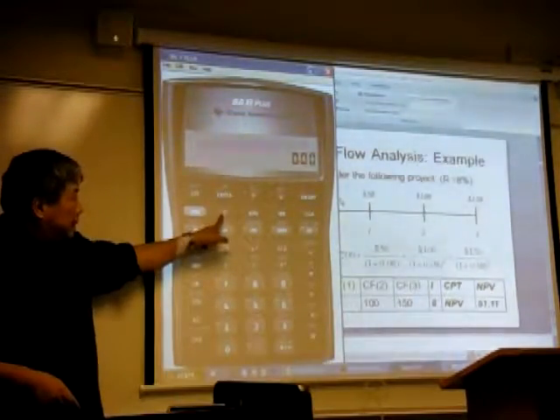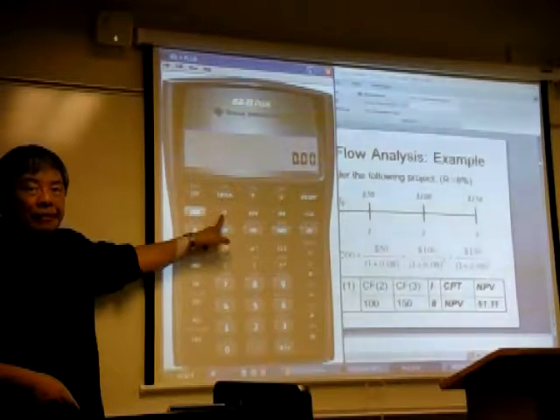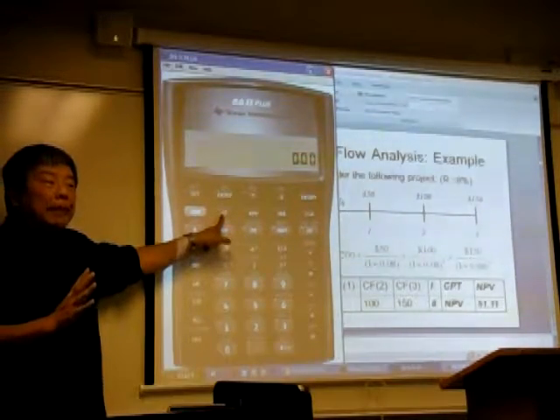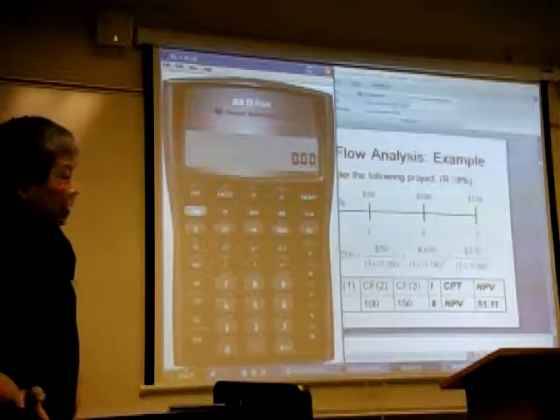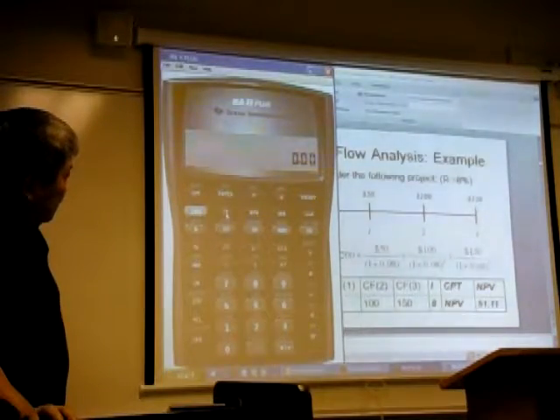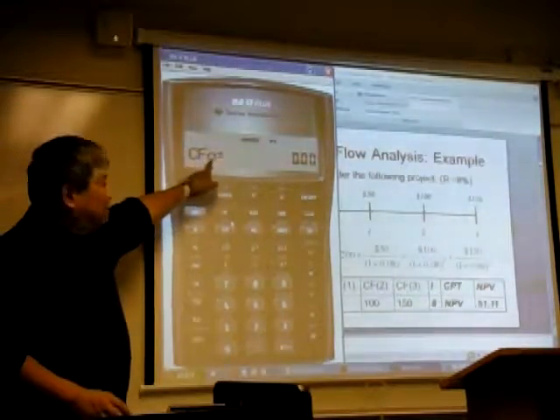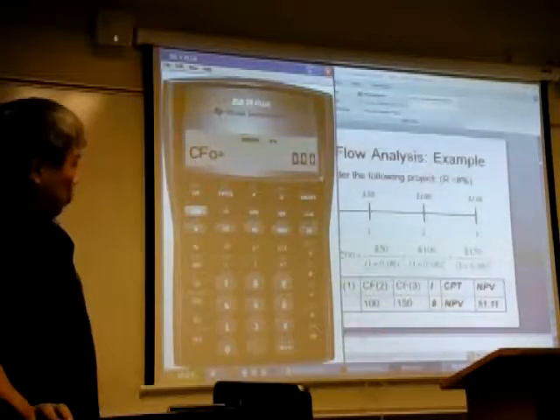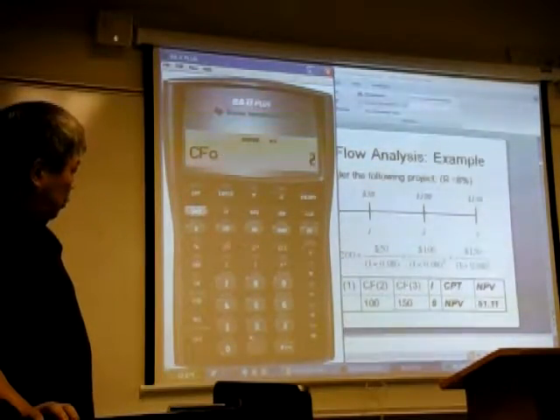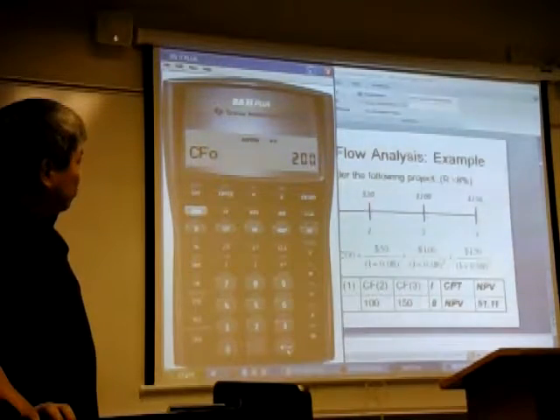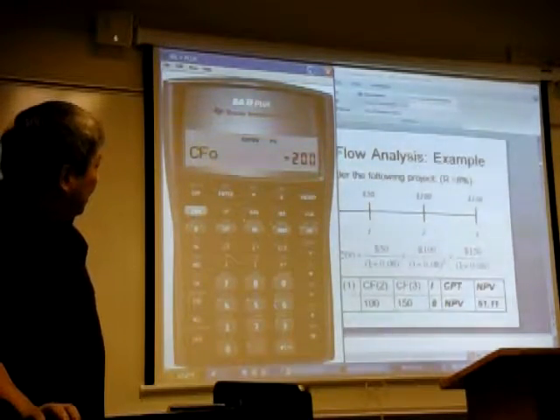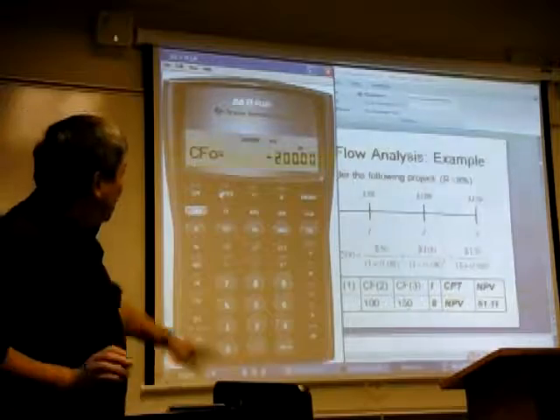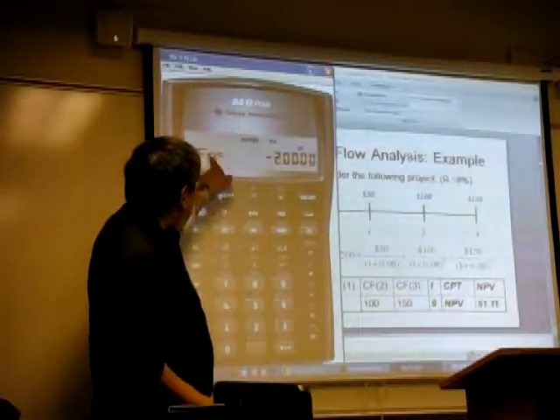We use the CF key to key all those numbers in. The first one you punch is the CF key. It will ask what CF0 is. Usually it's a cash outflow. Here, in our situation, it is 200. You have to change the sign to negative. Then press Enter so it's registered.